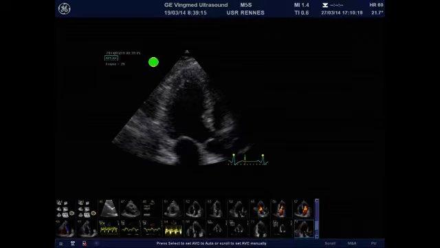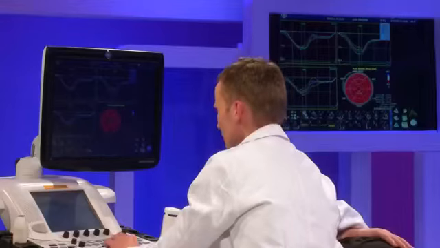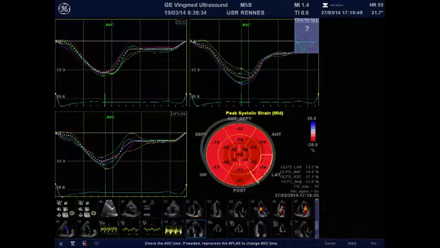Then we will move to the apical two-chamber view, and after measuring the longitudinal strain in these three incidences, we will get these bull's eyes demonstrating that we have a global longitudinal strain of minus 15, which is not so bad because the normal value is minus 20%.